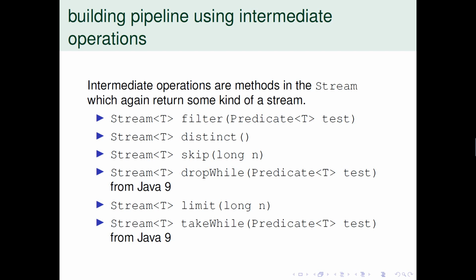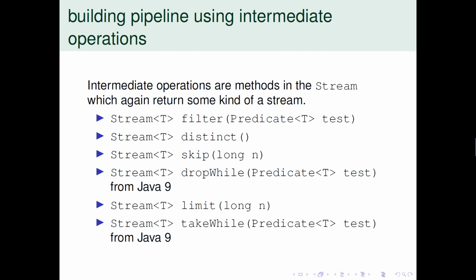Limit is on the other side. Limit is saying don't send more than so many elements on the output, so output is restricted to n number of elements. Whereas we have the other method called take while. Take while says you keep on sending elements to the output only when the test is passed.